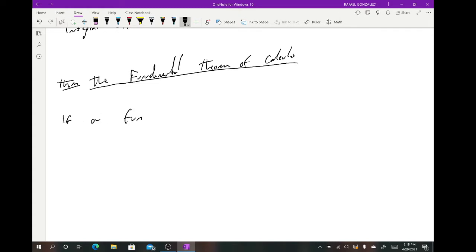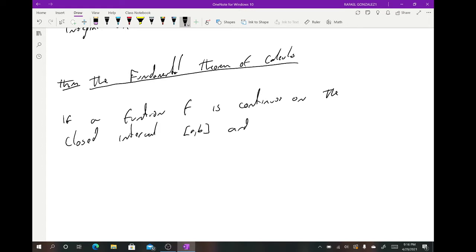If a function f is continuous on the closed interval [a, b], and capital F is an antiderivative of little f on the same closed interval [a, b], then the following is true.